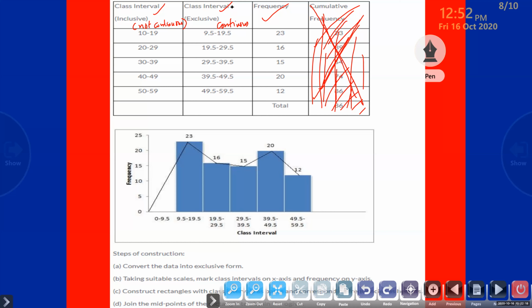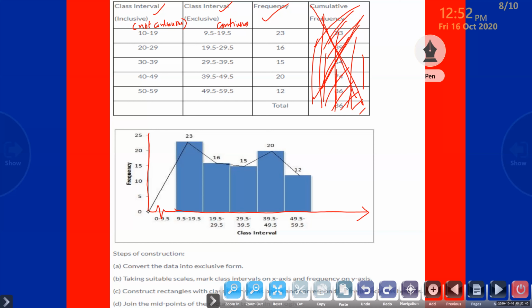Okay, children. And here when you draw the graph, you have to give a jagged line here. Can you see that jagged line which I have drawn now? Only this much. No need of drawing that line in between. No need of writing 0 to 9.5.